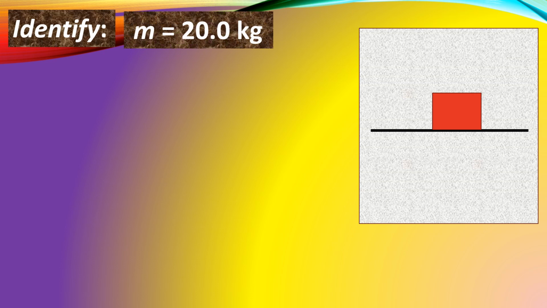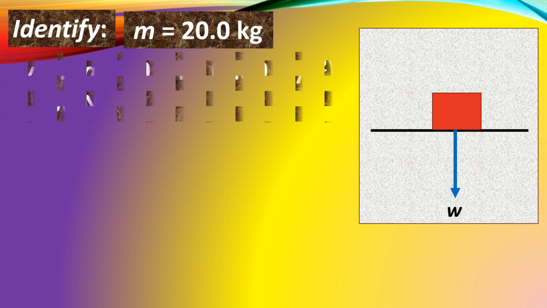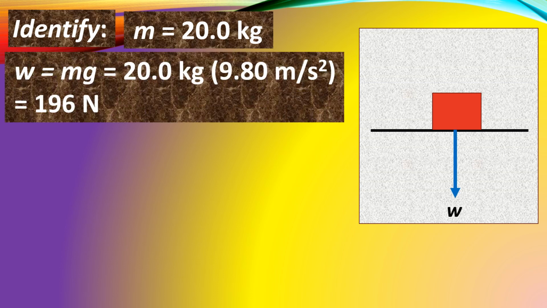We first identify the forces acting on the crate whose mass m is equal to 20.0 kilograms. Its corresponding weight, small w, is 196 newtons.